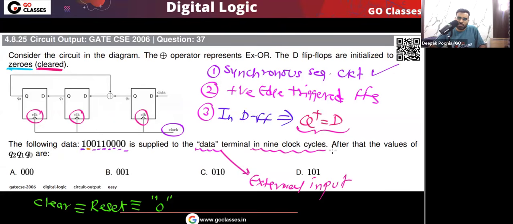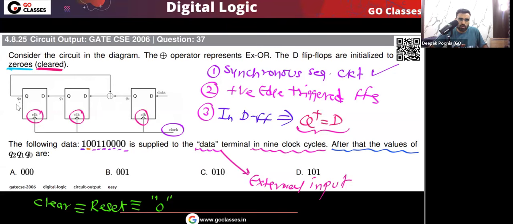Now the question is saying that after 9 clock cycles we need to find the values of Q2, Q1, Q0. I hope you understood. So basically after 9 clock cycles we need to find what is Q2, Q1, Q0.